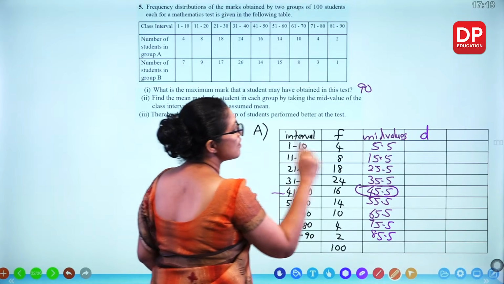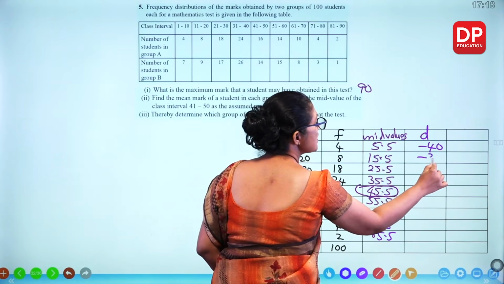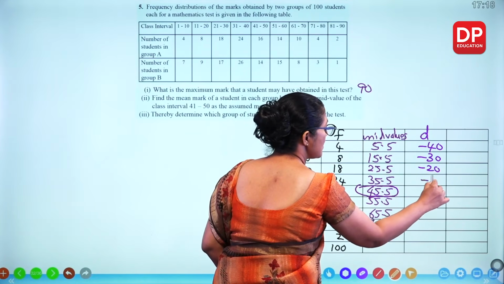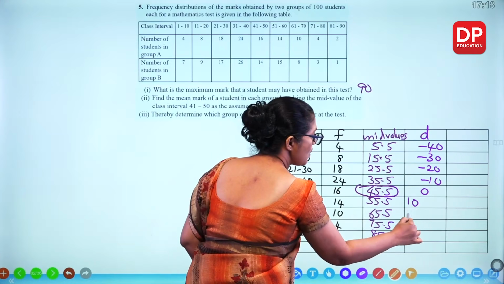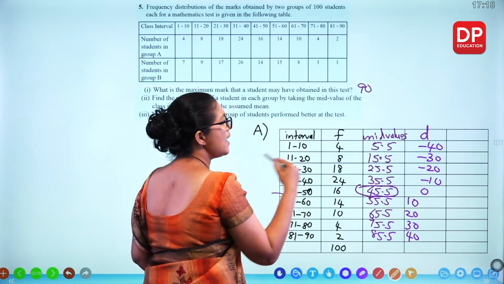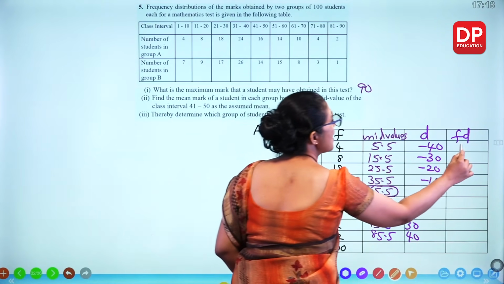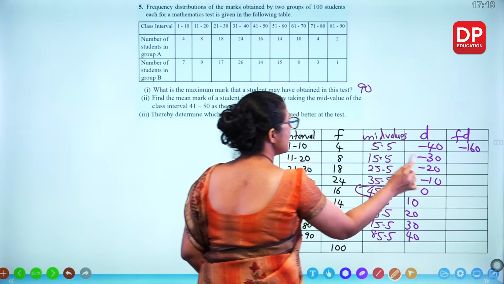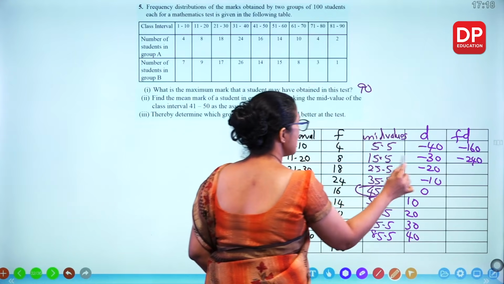So you get minus 40, minus 30, minus 20, minus 10 and 0. This difference 10, 20, 30, 40. Now multiply F and D. You get minus 160. This one minus 240.